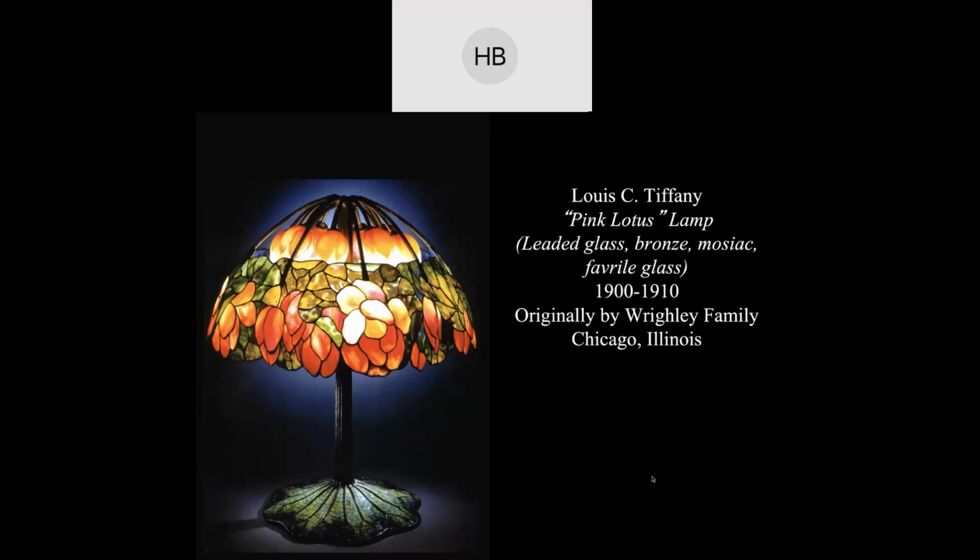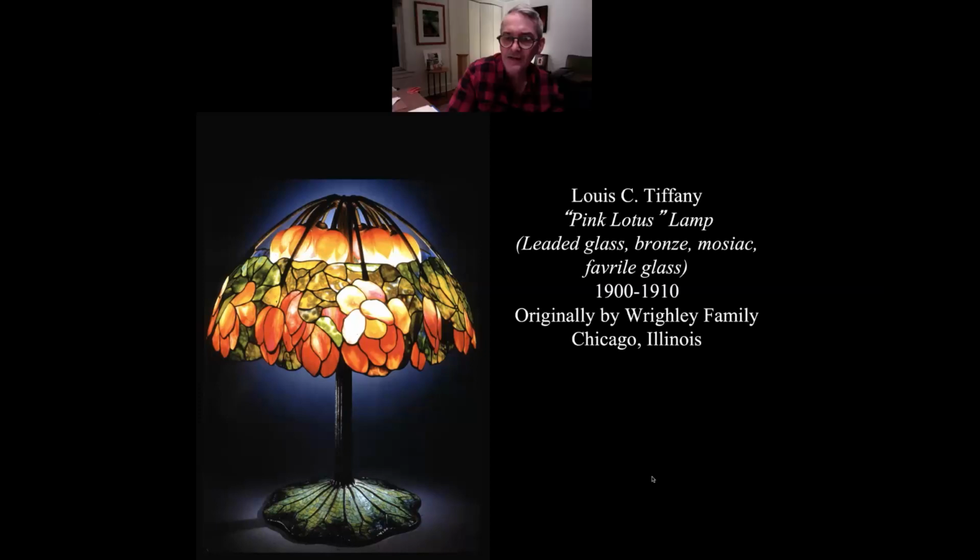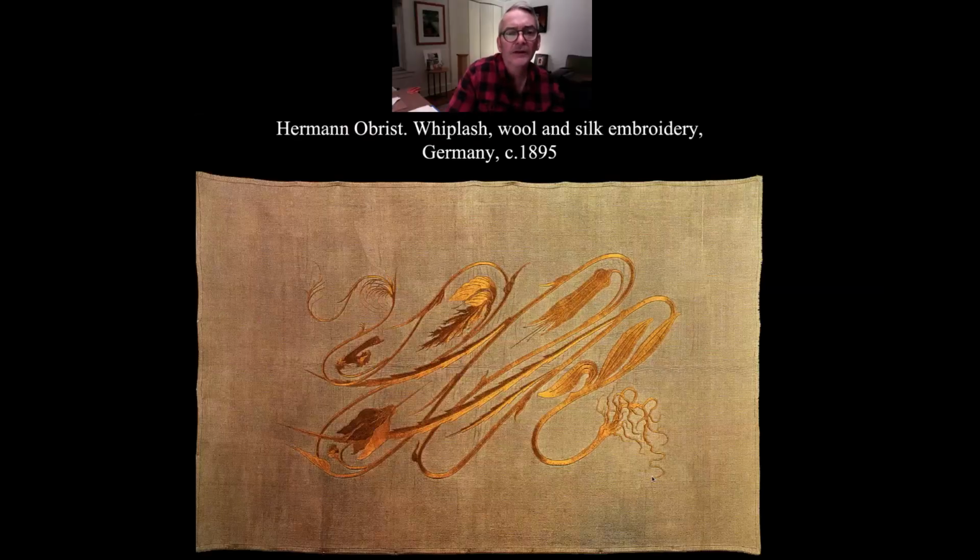It's a very playful style. There is an element of fantasy in some respects. So this, what's called a whiplash curve, is a feature of the Art Nouveau style. Very organic, and I think in some respects it does have a relationship with Rococo.